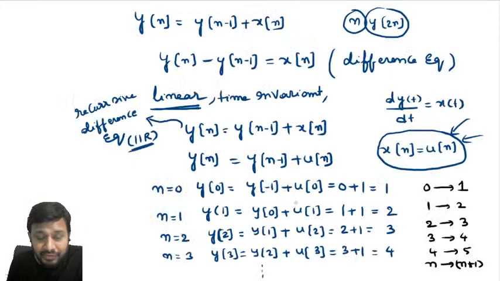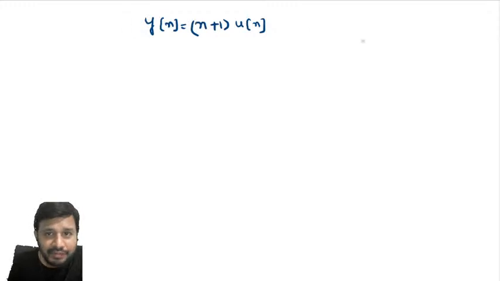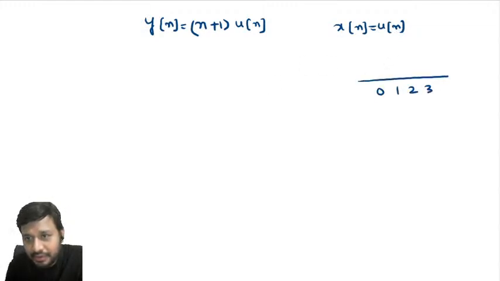Now, n plus 1, but we are starting from what point? We are starting from 0, no? So, do one thing, attach u of n. If the input is x of n, that is a bounded signal. Look here. What is the shape of input?